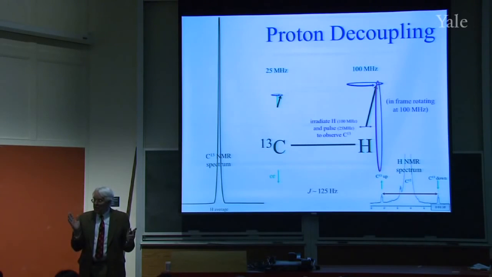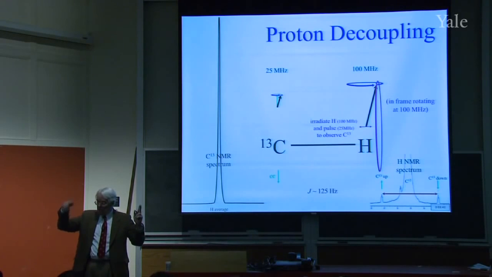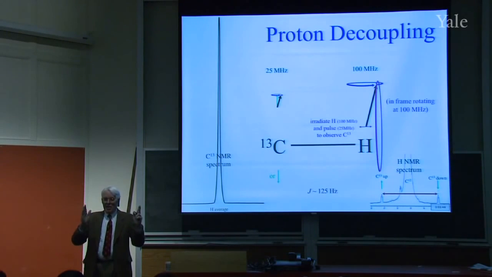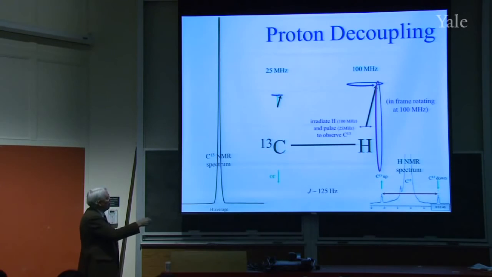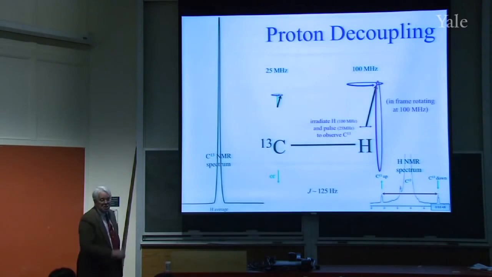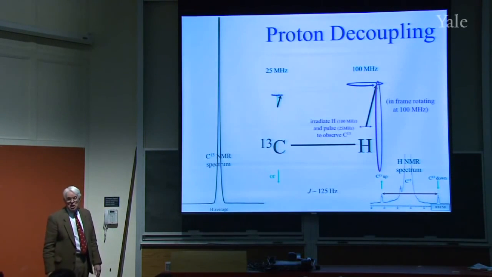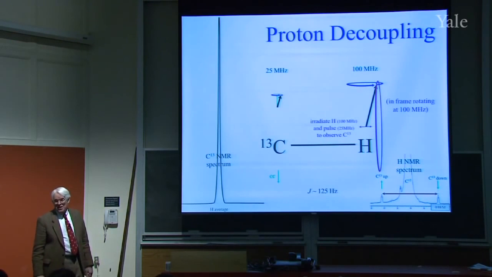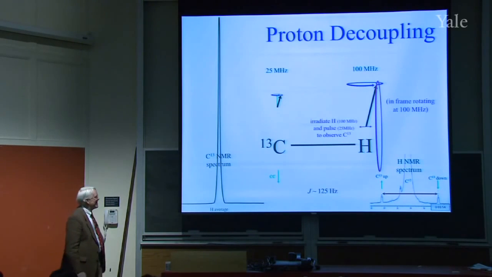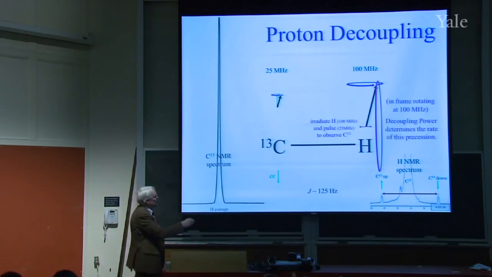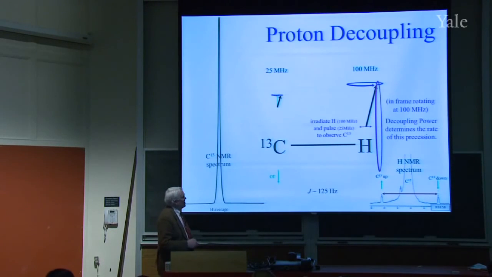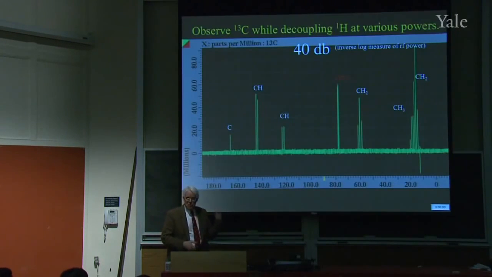About 125 times a second, right? The frequency difference is how fast you have to flip to average, right? So if you put enough power on the hydrogen, you remove the splitting from the C13 spectrum, which can be handy, as we'll show you next time, okay? So the decoupling power determines the rate of this precession, and this we'll see next time.